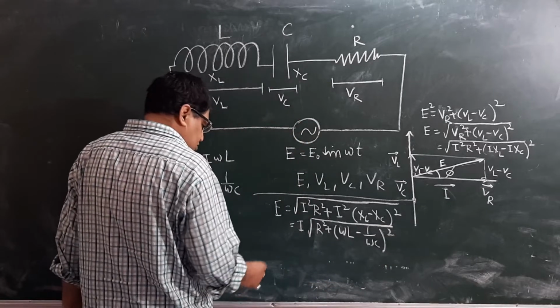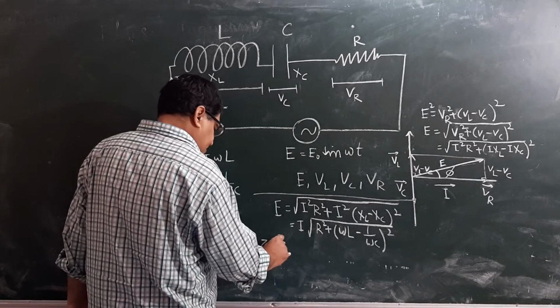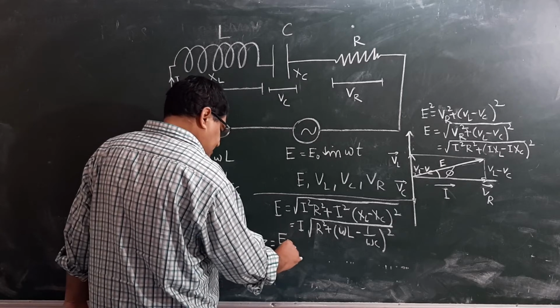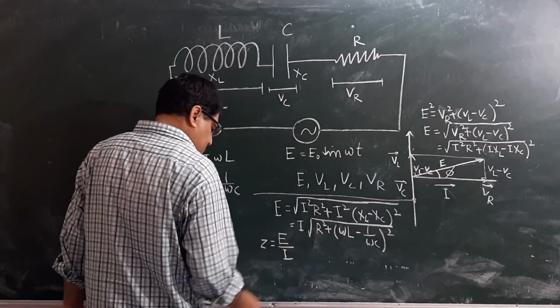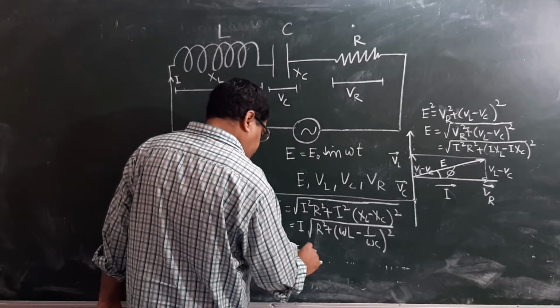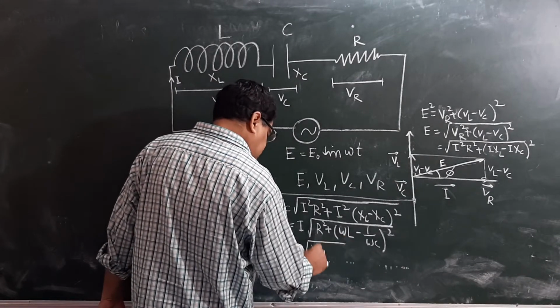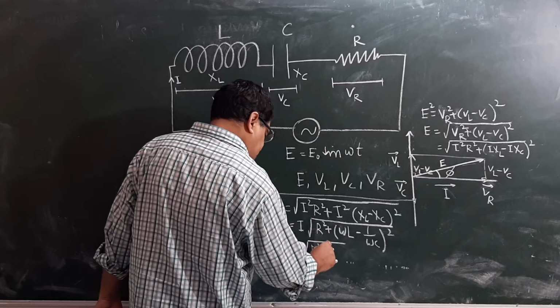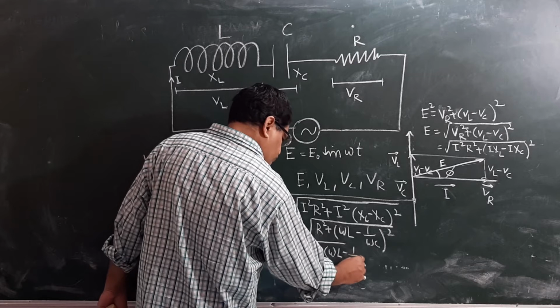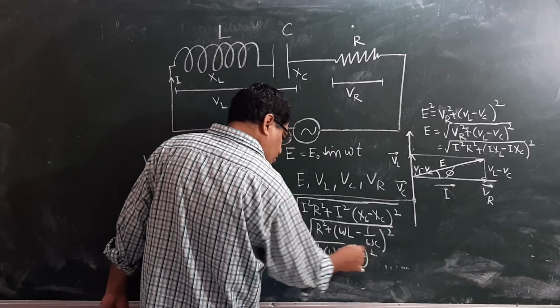So we will get an expression, that is Z, given as E by I. E by I is known as the impedance of this circuit. So the impedance of this circuit is equal to square root of R square plus (omega L minus 1 by omega C) whole square.